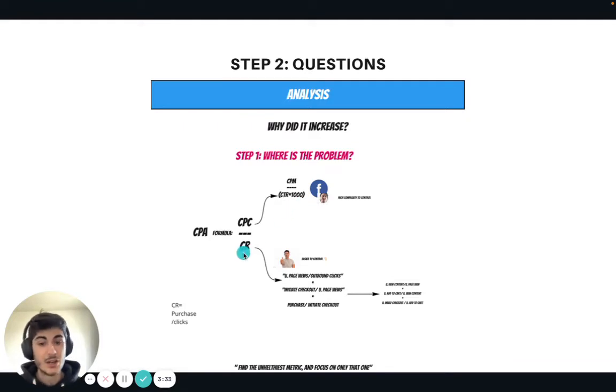Conversion rate is also a formula: unique page views divided by outbound clicks, initiate checkouts divided by unique page views, and purchases divided by initiate checkouts. If you decompose and simplify everything into formulas, everything becomes linear, and you can detect bottlenecks and the unhealthiest KPI really quickly.